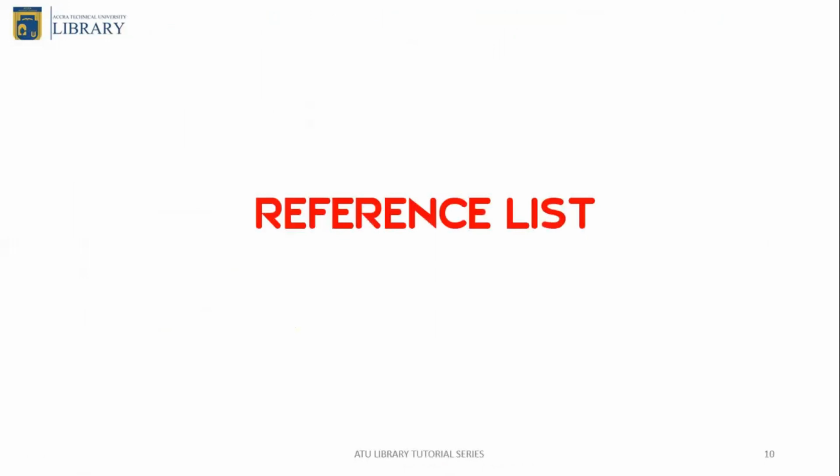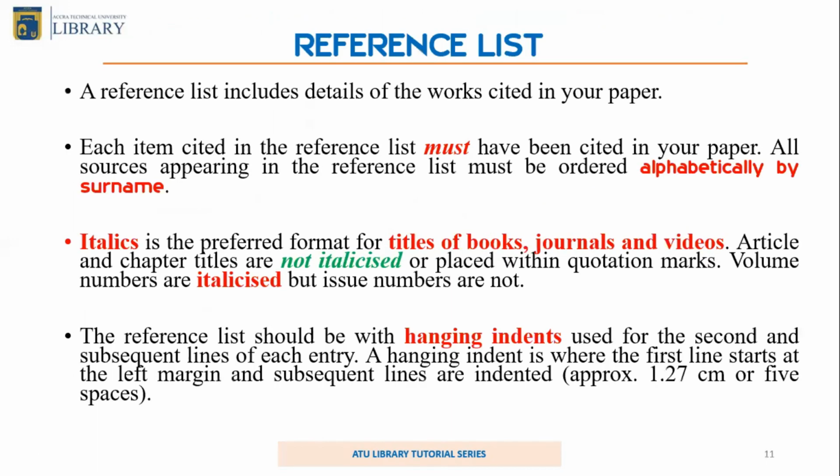Now, we move on to the reference list. After citation, you have to provide a reference list. Now, when we talk about referencing, what does it mean? We are saying that a reference list includes details of the work cited in your paper. Each item that you have cited in a reference list must have been cited in your paper.